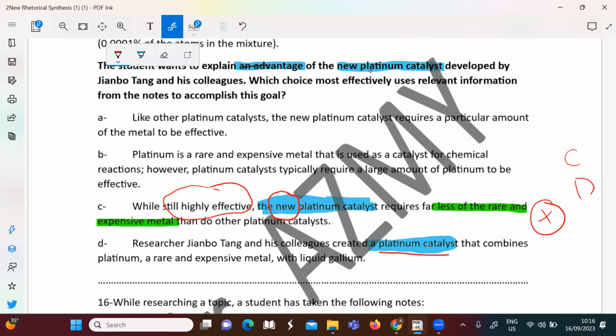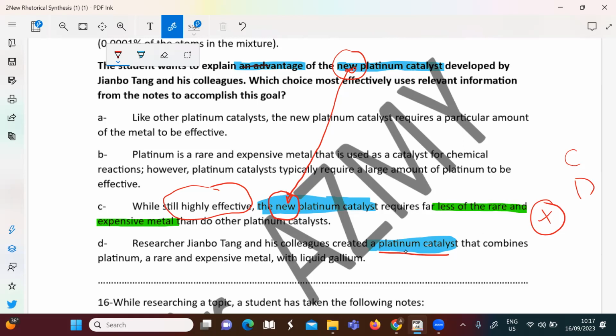Okay, go back to the prompt or the stem of the question. Did he ask about any platinum catalyst or a specific one? A specific one, the new catalyst. The new catalyst requires less expensive metal, which is positive.